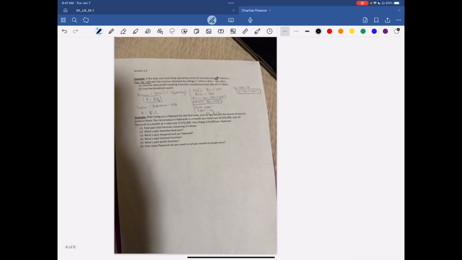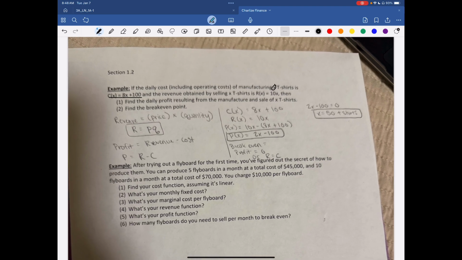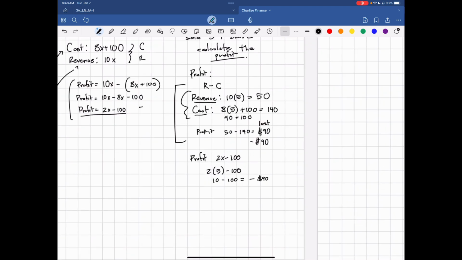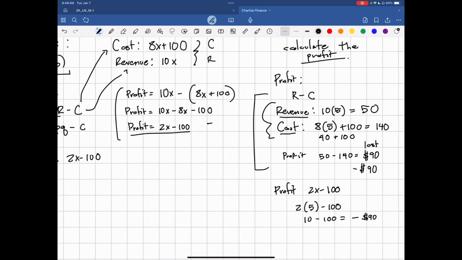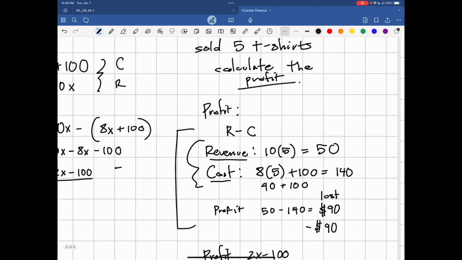And then what you're calculating next is find the daily profit resulting from the manufacture and sale of X t-shirts. Oh wait, my bad. Find the break-even point. Break-even point is basically when, in this example where I did 5 t-shirts, they lost money if they just sell 5 t-shirts.